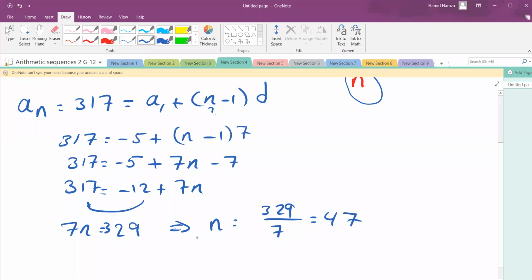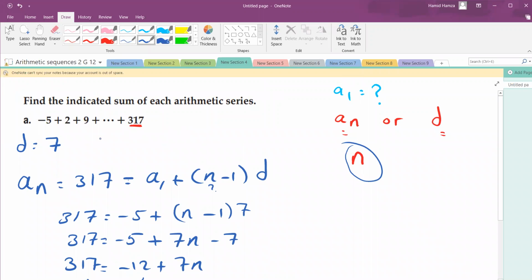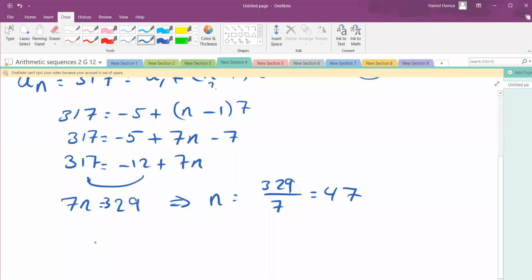47. That means we wanted to add 47 terms. So the order of this term is 47. That means this is a47. Okay, so the number of terms is 47. Now we'll find the sum. So S47 will be equal to n over 2 multiplied by a1 plus an.